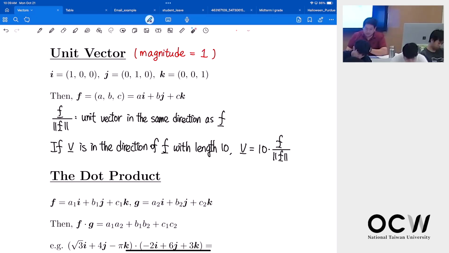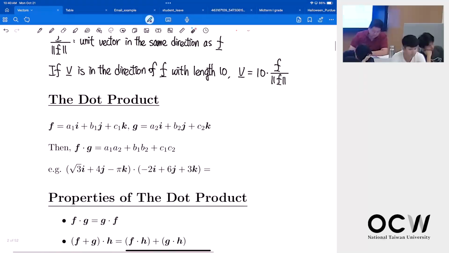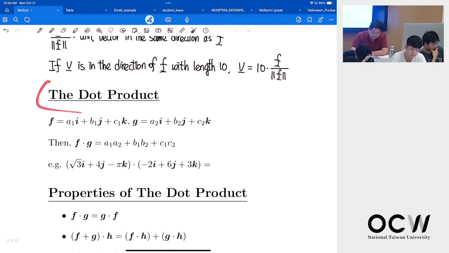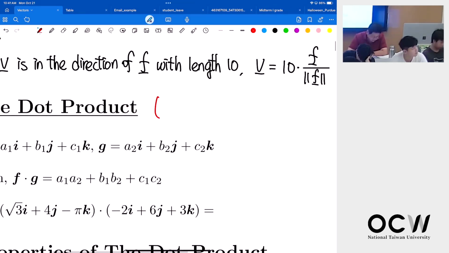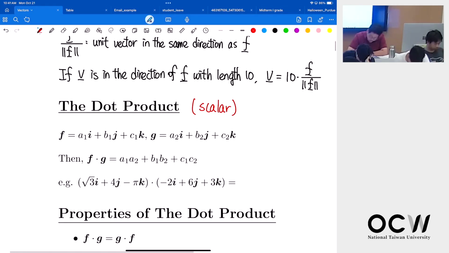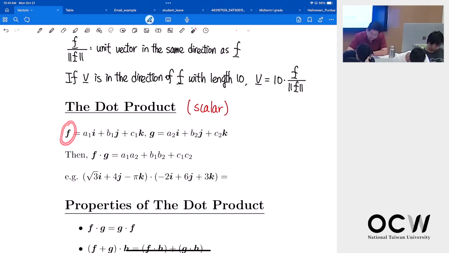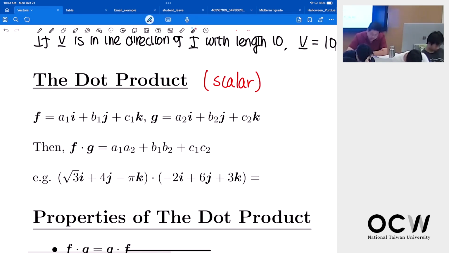All right. Next, I think that you know what the dot product is. For the dot product, the result will be a scalar. If I have a vector f and vector g, two vectors, what does dot product mean?